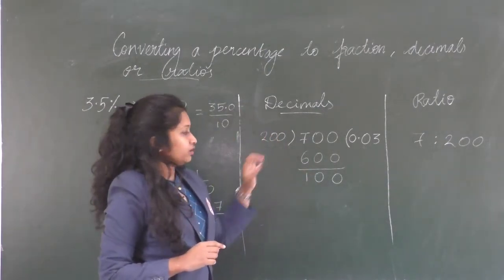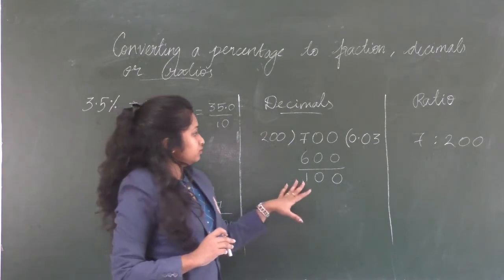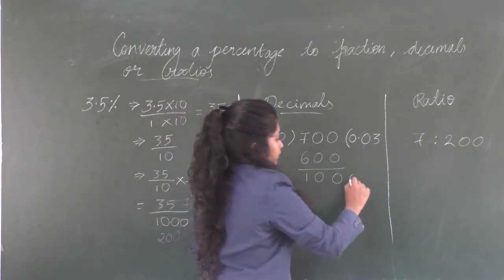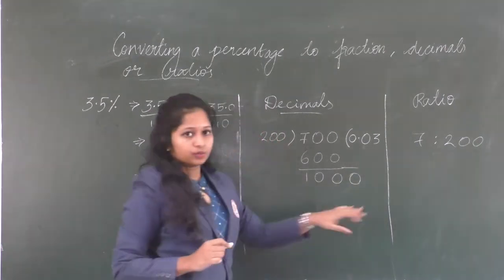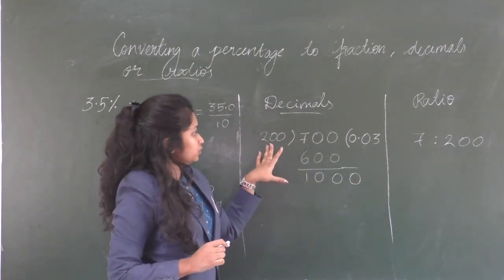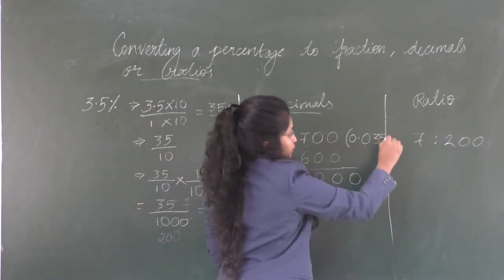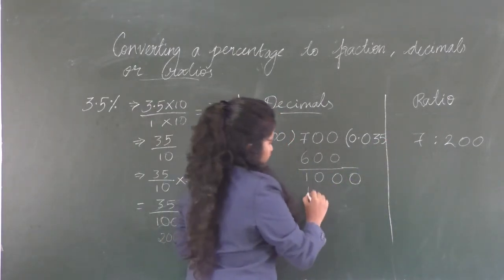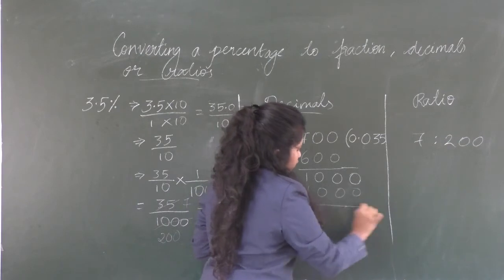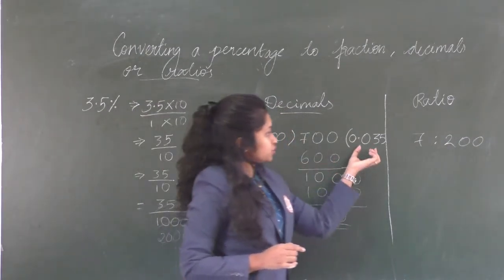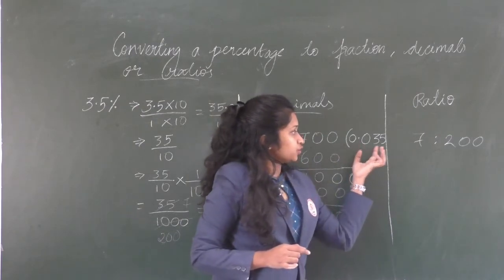Now again we can continue the division. So since 100 is smaller, put one more 0. Now 200, that is 5 into 200 is 1000. So we got the remainder as 0 and the quotient is 0.035.